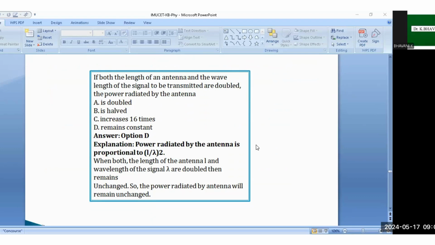The right answer is it remains constant, because the power radiated by the antenna is proportional to l by lambda. Both the length of the antenna l and the wavelength lambda are doubled, so the power radiated by the antenna will remain unchanged.